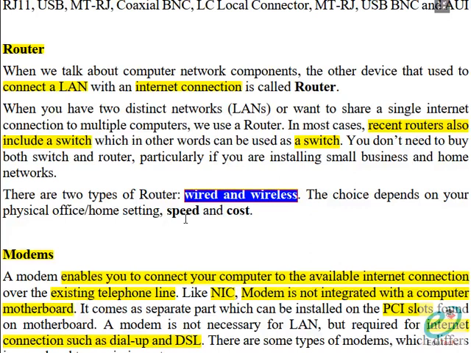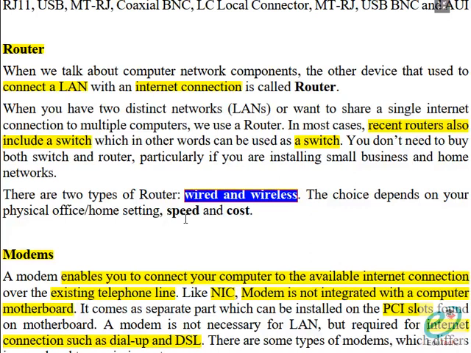You only just broadcast wireless. That can connect several LANs or connect to the internet via wireless. Therefore, if it's having wireless, it must be having an antenna to broadcast and receive signals. That will be the function of it.